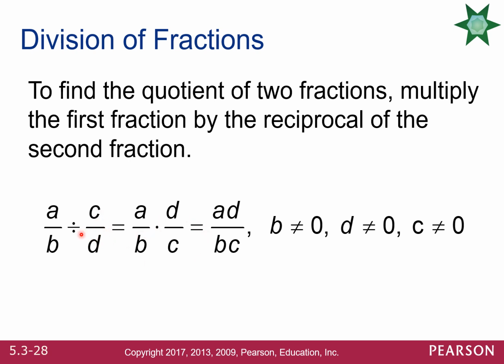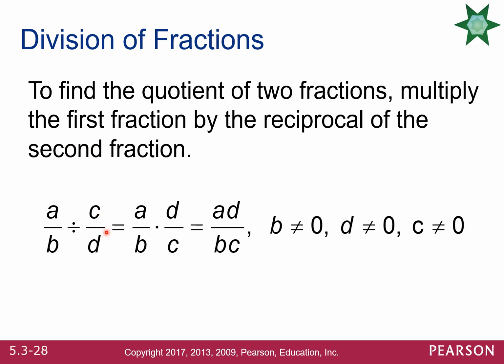The division changes to multiplication, and we multiply by the reciprocal of c over d, which is d over c. So we get ad over bc. To divide two fractions, all you do is change the division to a multiplication, and take the reciprocal of the second fraction.